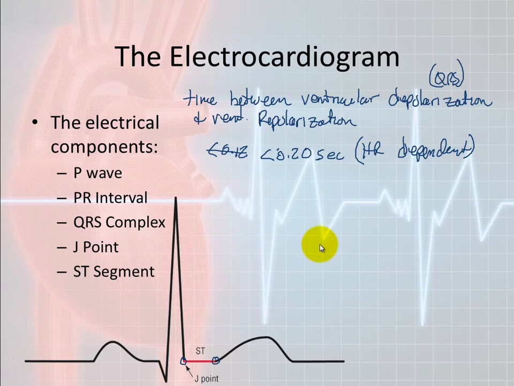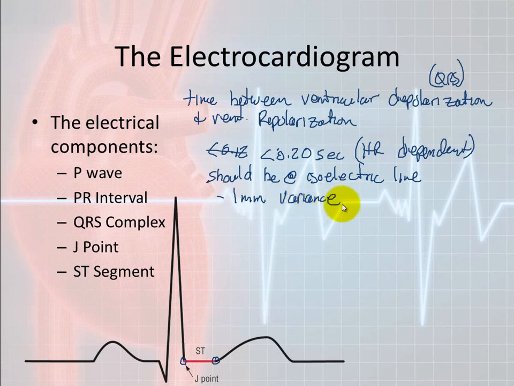Ideally, though, it should not make that much of a difference how much away from 0.20 second. Also, the ST segment should be at the isoelectric line just like the J point. Typically, this also has a 1 millimeter variance. So you could be a little bit high, a little bit low, and it's perfectly fine. Nothing wrong with it.